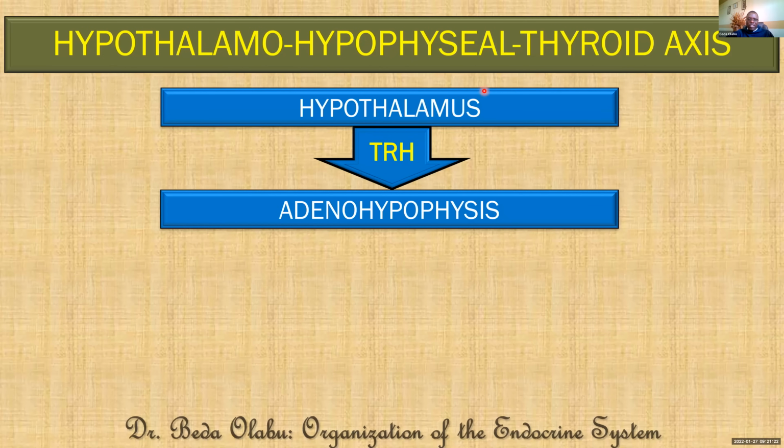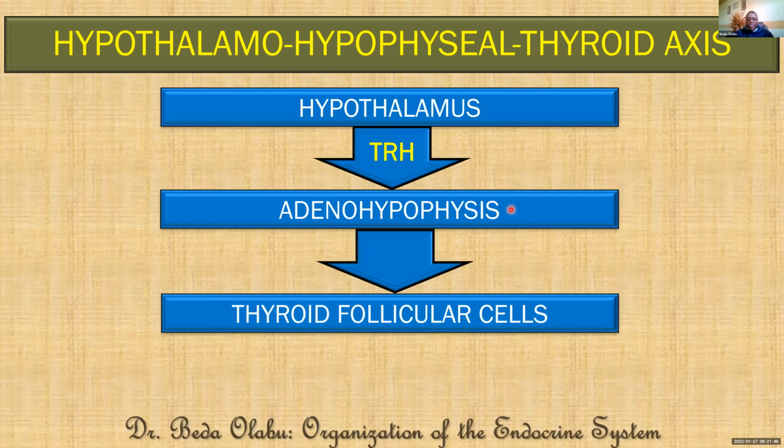Thyrotropin-releasing hormone travels through the hypothalamo-hypophyseal portal system to go to the anterior pituitary gland, adenohypophysis. It acts on the thyrotrophs, which are a type of basophils within the adenohypophysis. And the physiological effect is to stimulate production of thyroid-stimulating hormone.